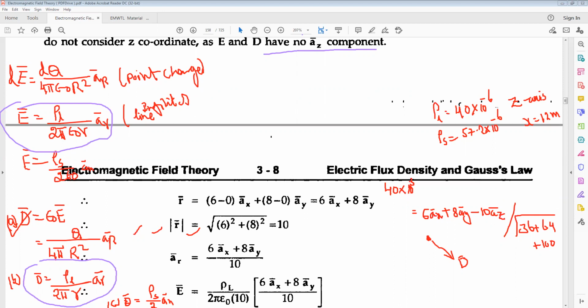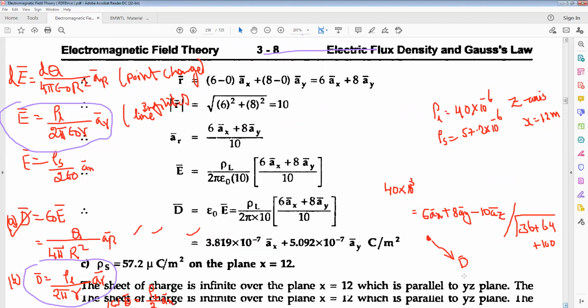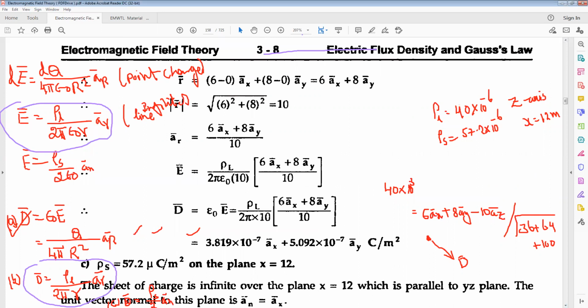So E bar is equal to rho L by 2 pi epsilon naught. That is for the electric field intensity, not for the electric flux. They're asking for the electric flux density, so eliminate the epsilon naught.